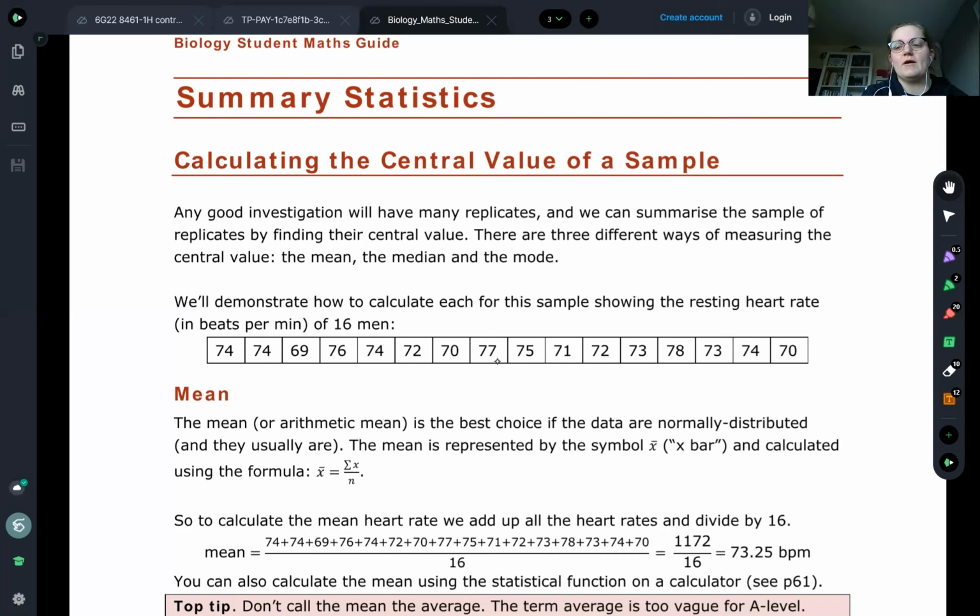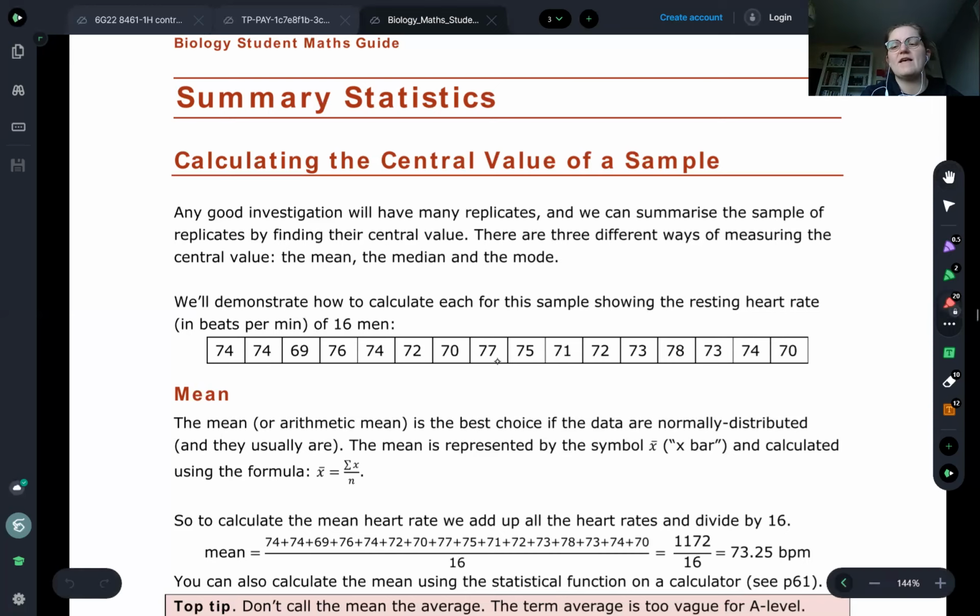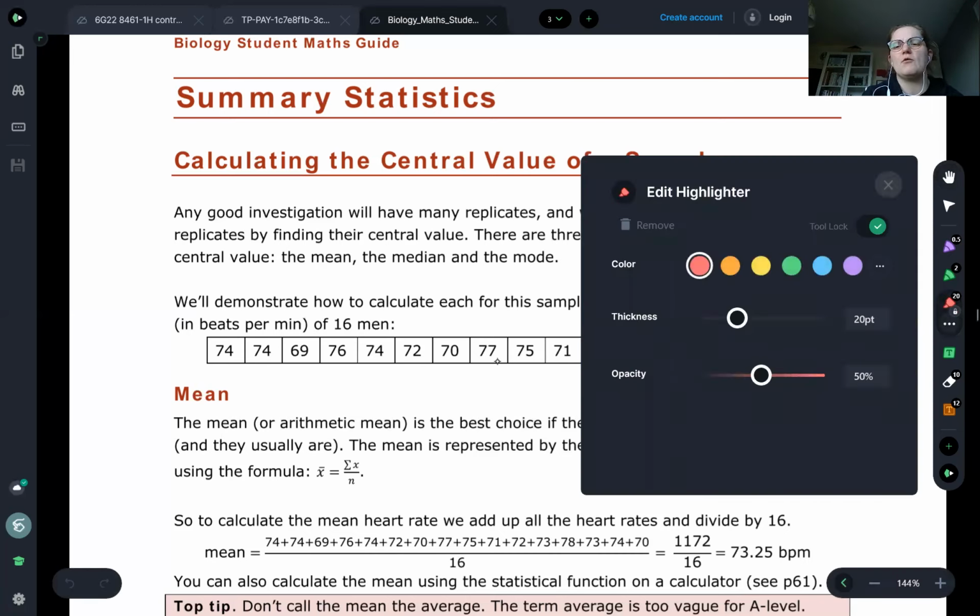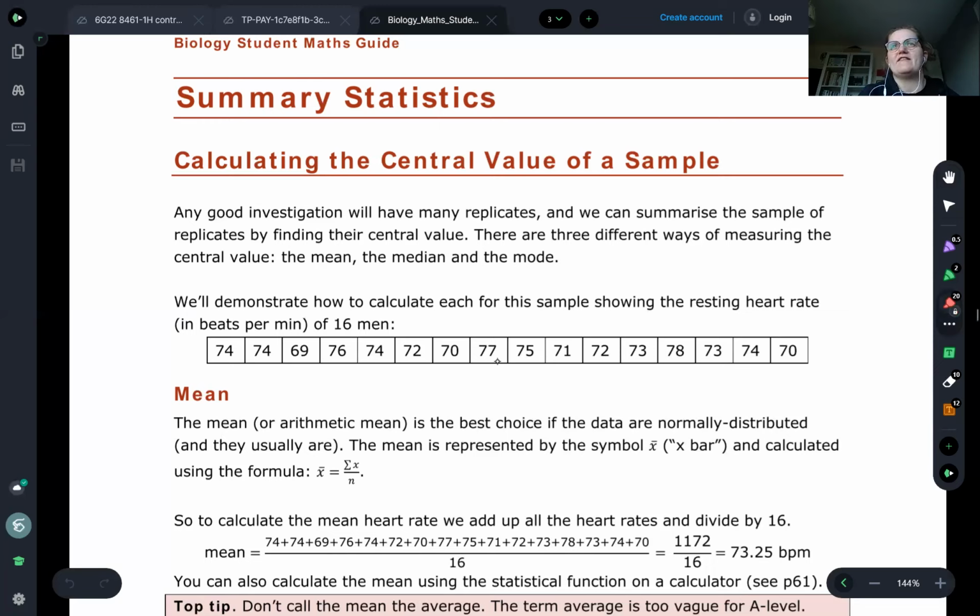If you get any question in the exam asking you to design an investigation, to tell us how you might plan an investigation to see which nutrients are best for a plant to grow in, for example, you're going to want to have replicates.